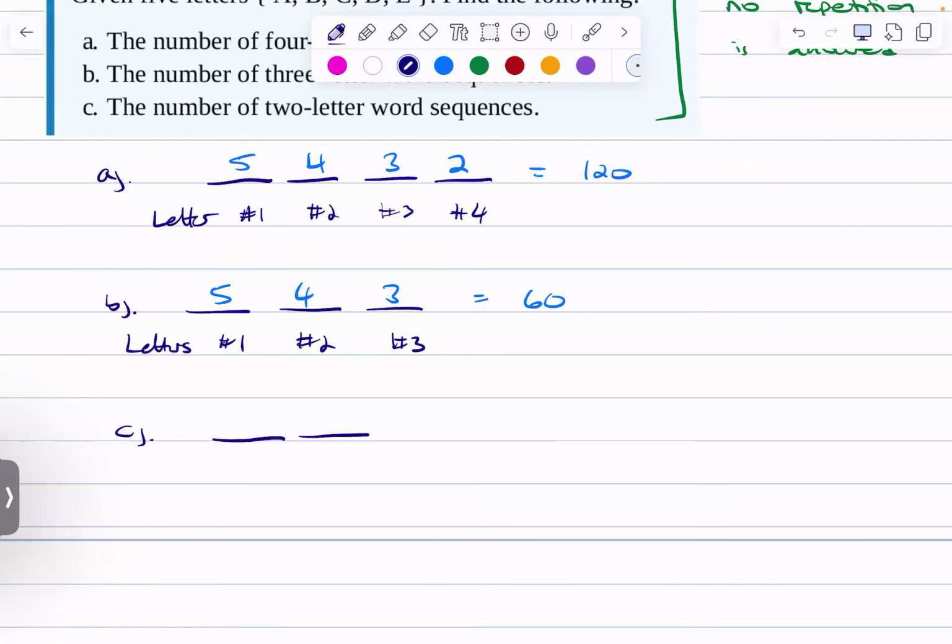And then finally, two letters. Letter number 1, letter number 2. Still have 5 to start. 4.